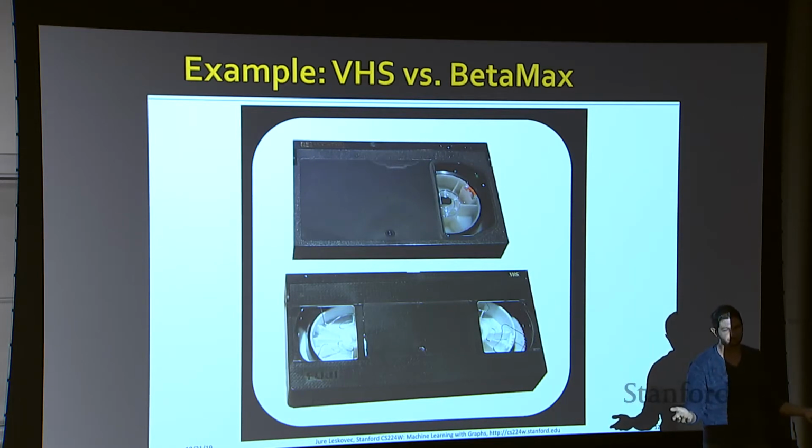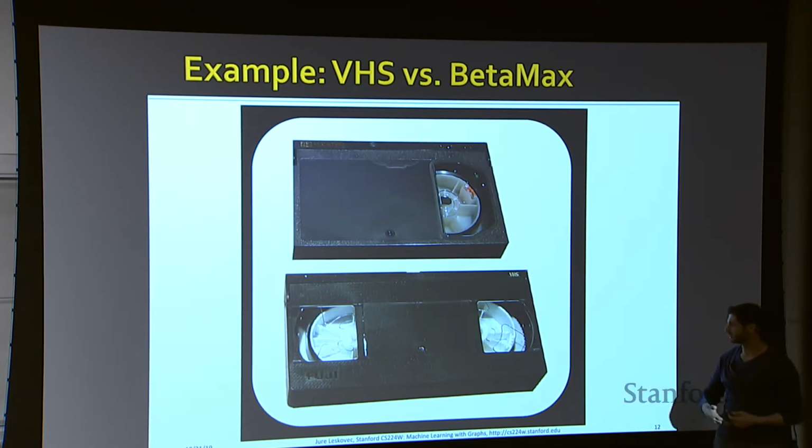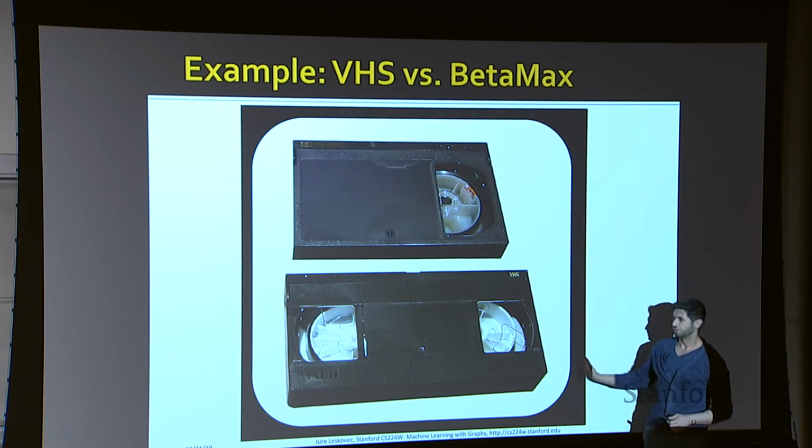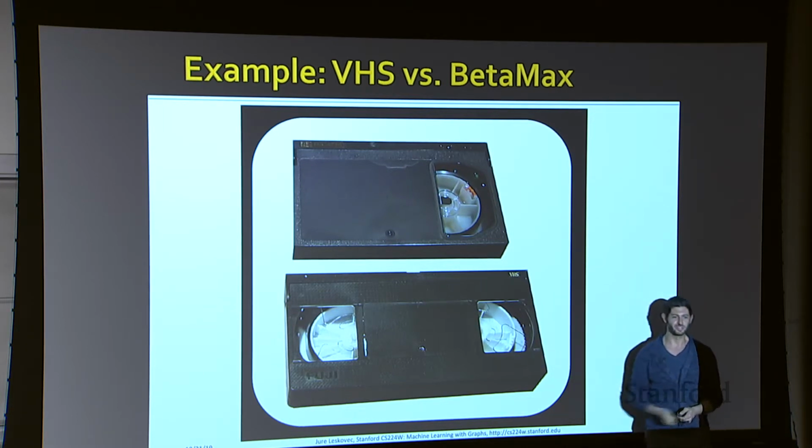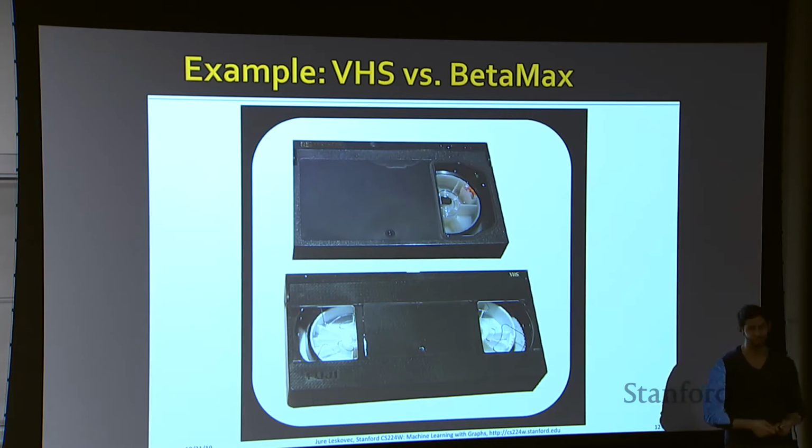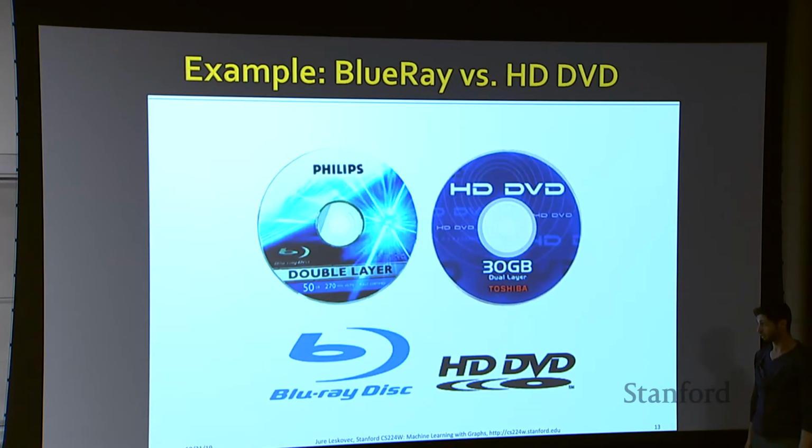That's how it goes in very large markets, especially in a context where you might have to borrow or exchange your medium. Then the fact that your friends have exactly the same one plays a key role, right? Because this was before internet piracy, so people were exchanging cassettes to watch movies. That's why it was very important that your friends had exactly the same VCR at home.